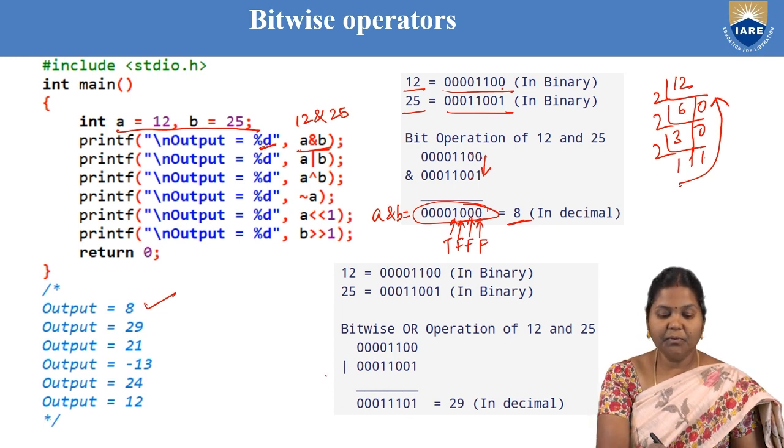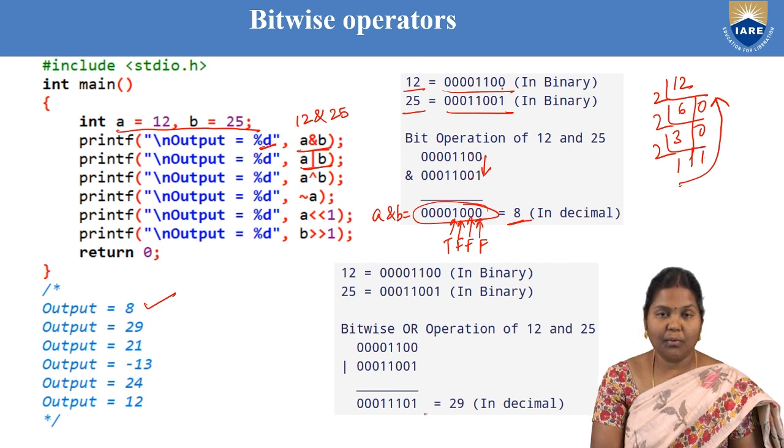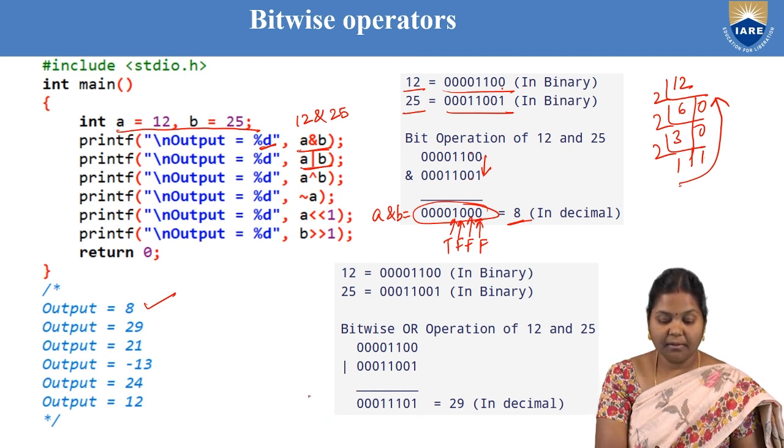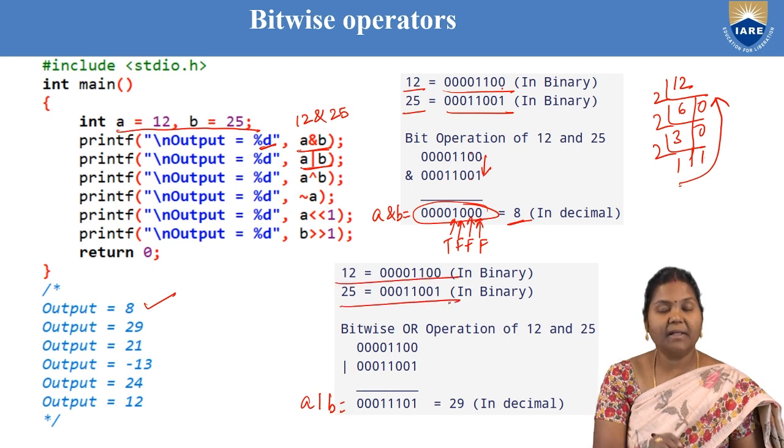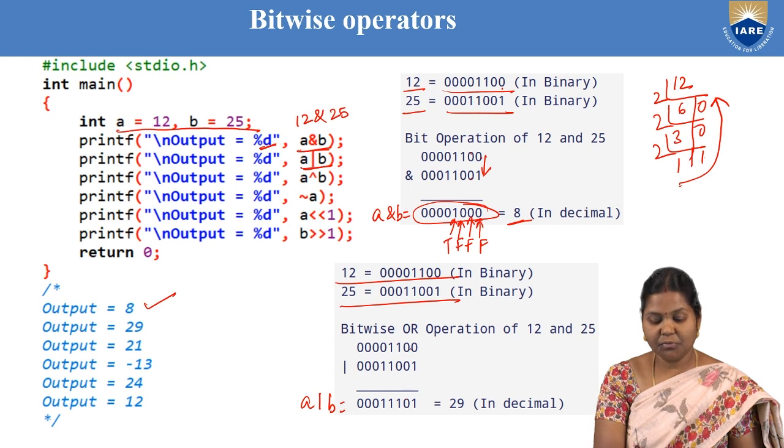Similar way, if you are doing bitwise A OR B, then what you have to write? After converting the numbers into binary form, just the OR gate logic should be applied. So, 0, 1 is 1, 0, 0 is 0, then 1, 0 is 1, 1, 1 is 1 and so on.